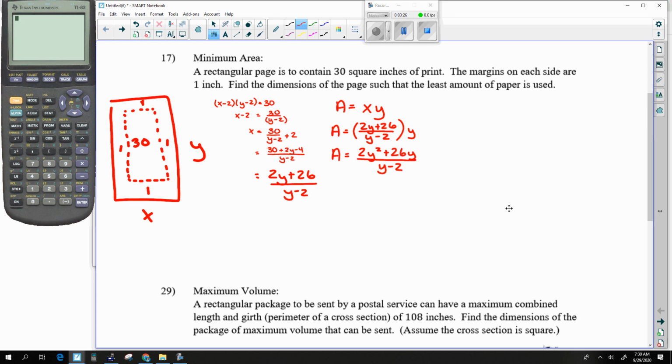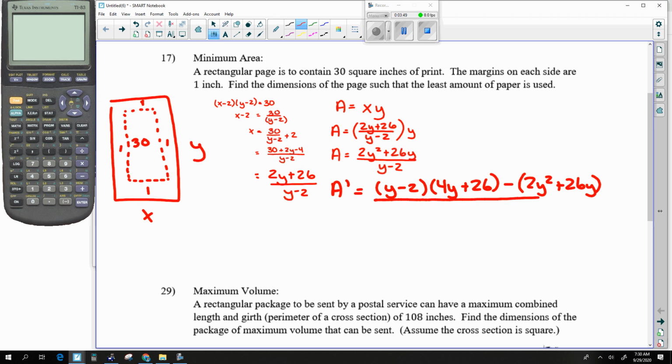All right. So let's take the derivative of that. So the derivative of that is bottoms up. Derivative of the top, minus, leave the top alone. Derivative of the bottom is 1. All over the bottom, squared.